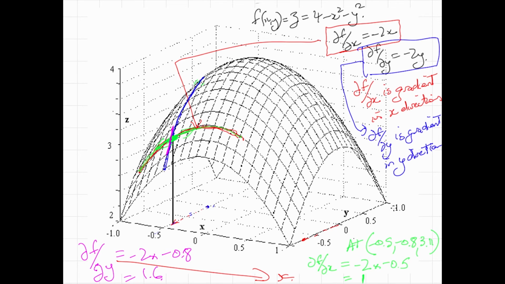The gradient in this direction, going from there to there, is equal to 1. And that looks right, because it looks like along that line it is actually still climbing going up there. When you go in the blue direction here, the purple line there is the tangent, and it'll have a gradient of 1.6. So partial derivatives give us gradient in particular directions: partial df dx is the gradient in the x direction, partial df dy is the gradient in the y direction.